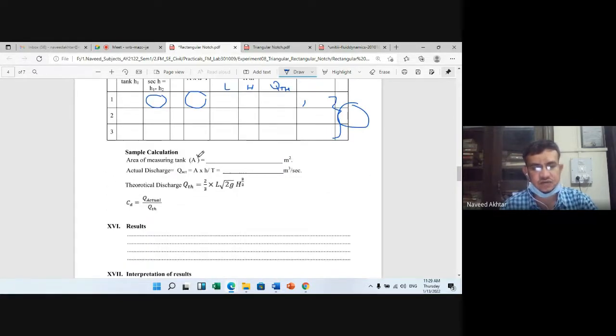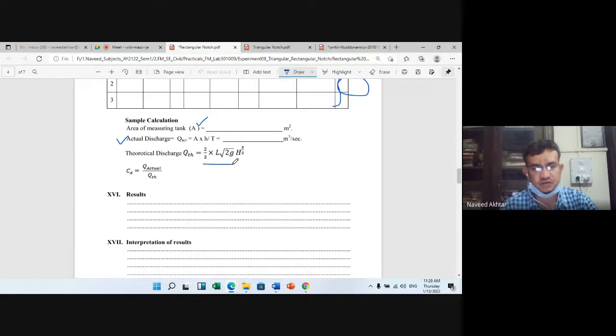Measuring tank area you have to find at first. H जैसे भी मालूम पड़ा टाइम मालूम हो तो एक्चुअल डिस्चार्ज Q आपको मालूम हो जाएगा. Q theoretical you can find out using the theoretical formula, and then put that into the coefficient of discharge. You can find out the coefficient of discharge. This is all about the procedure for the rectangular notches.